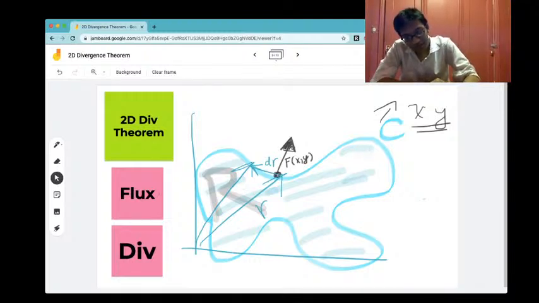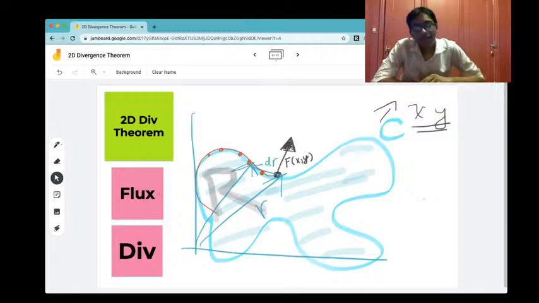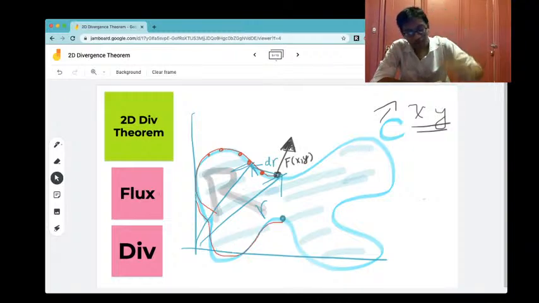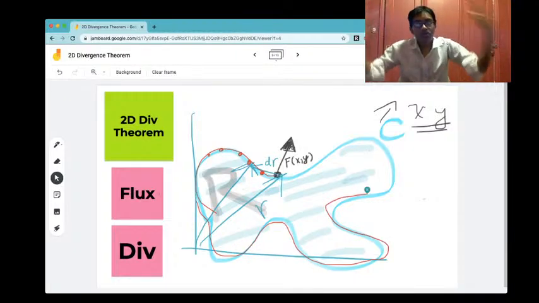So let me show you. It's going to perform a dot product for this, a dot product for that, and it's going to keep computing the dot product all the way through the actual boundary of our curve. And that's why we take an integral in the first place, so that you sum all those dot products up.